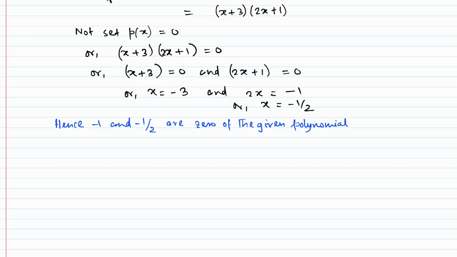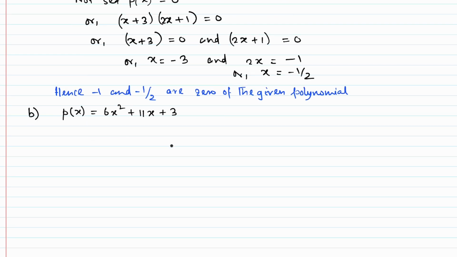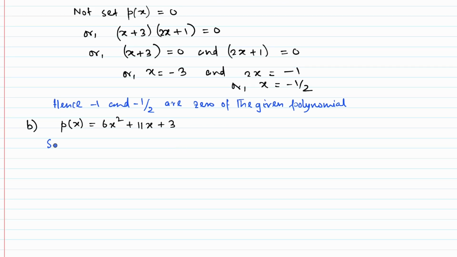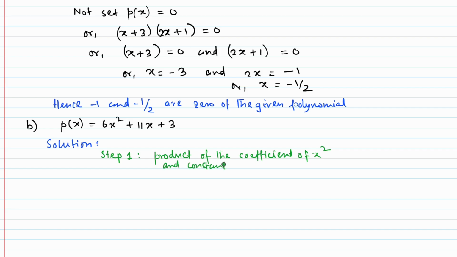Now let's take another example. p(x) is equal to 6x square plus 11x plus 3, and let's solve this polynomial step by step. Step 1, the product of the coefficient of x square and the constant, that is plus 6 into plus 3, is equal to plus 18.